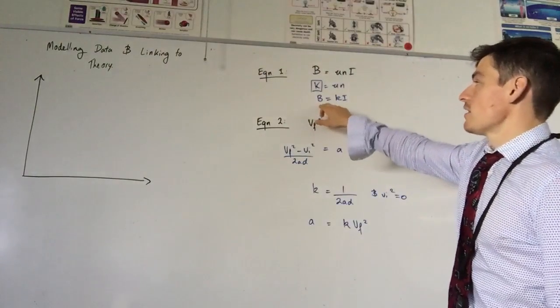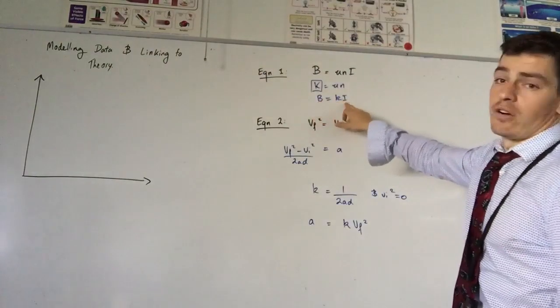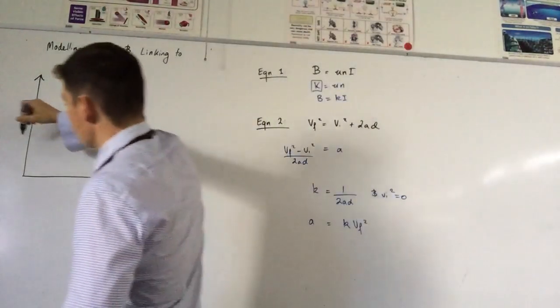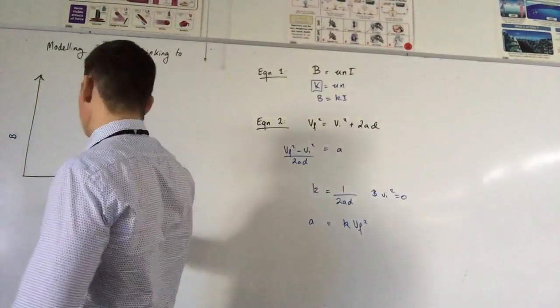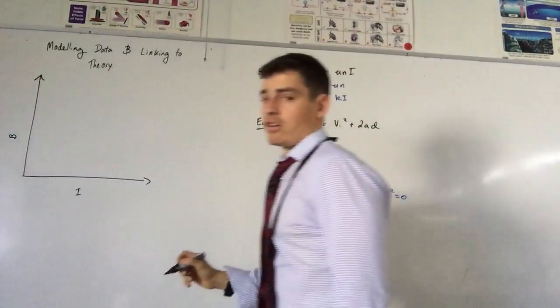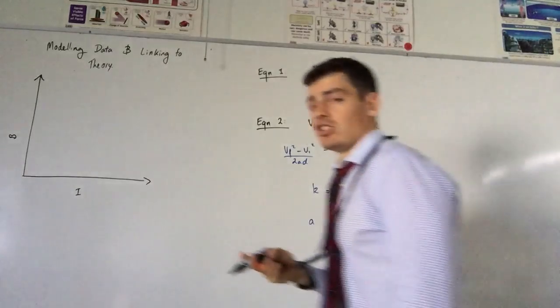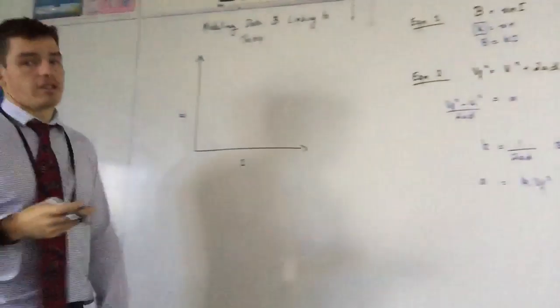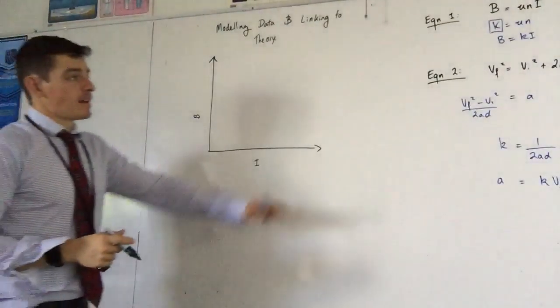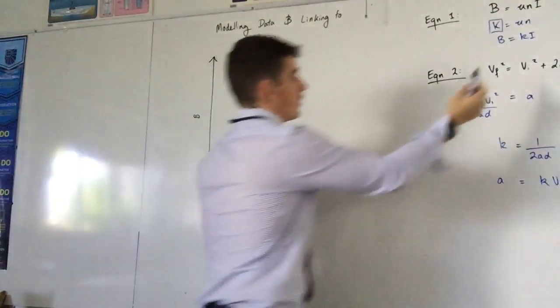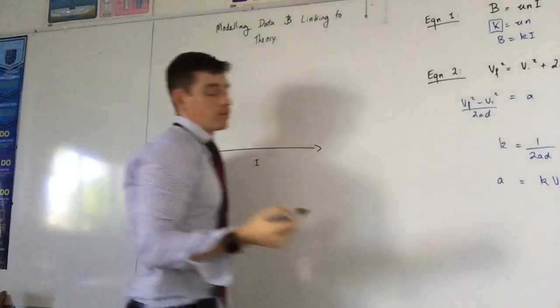So as you can see, I've got B equals Ki. B was the one I was measuring, so this is where my magnetic field goes, and this is where my current goes. When I rearrange that equation, I can see that the relationship between magnetic field and current is linear, because the I has got nothing operating on it.